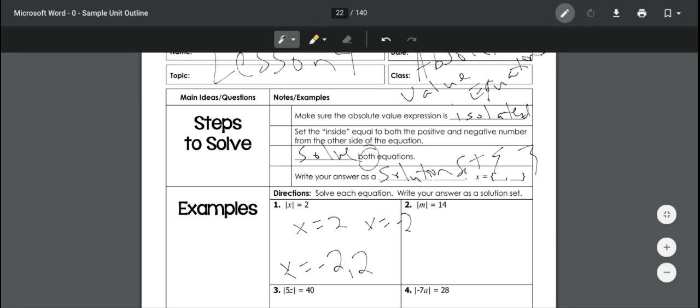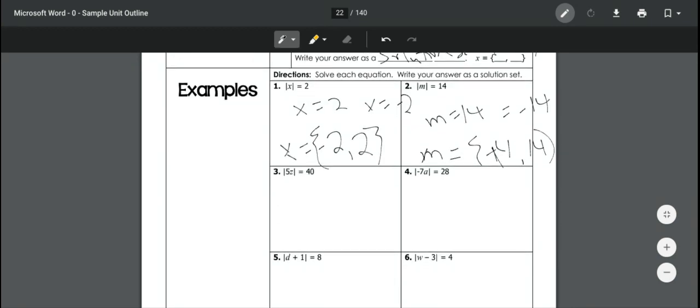You put them in order from negative to positive usually, but it doesn't matter really. You can try to make those little fancy brackets if you'd like. Same thing: m is isolated, so m equals 14, and m equals negative 14. So the solution set is negative 14 and 14.